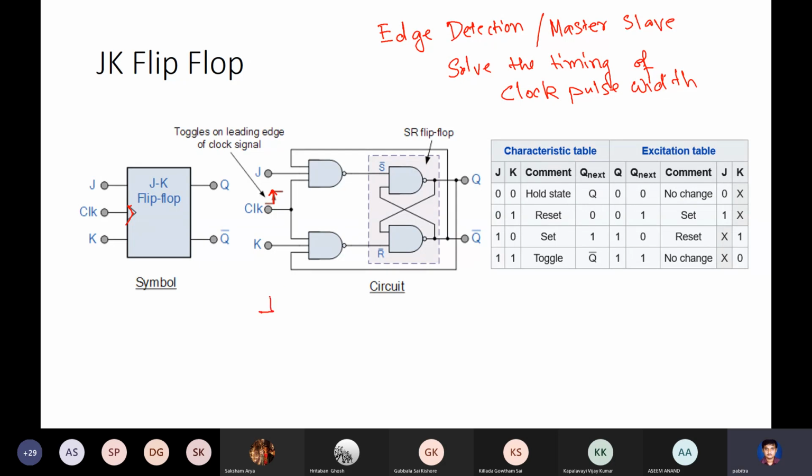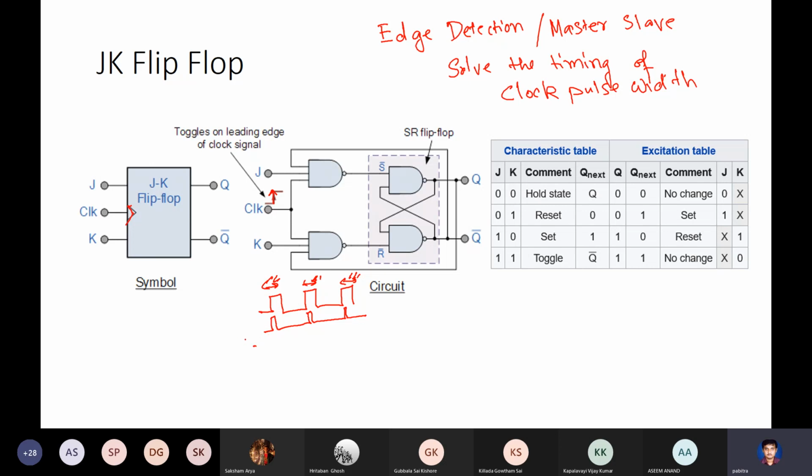So earlier I said whenever the clock is on, the flip-flop stays enabled. Now I say different. These are the enabled periods, or the activated periods. I want this to be rather small, but I don't know how small it should be. It cannot be too small.